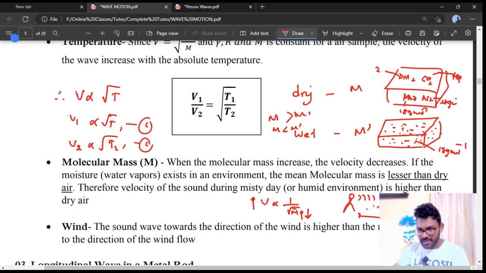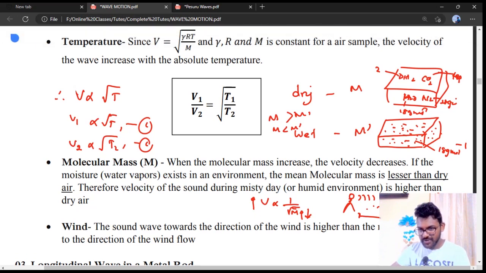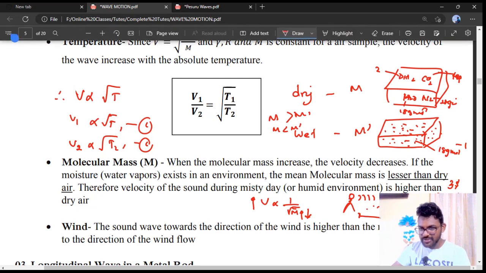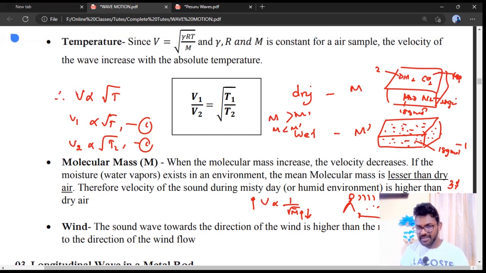In a scenario like that, if I shout, the person can hear much faster. If it took, let's say, 2 or 3 seconds for the sound to reach on a dry day, it will reduce to about 1 second, and within a very short time the other person can hear the voice.